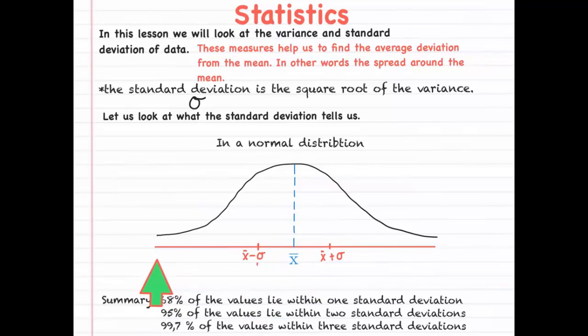So from this point here, we calculate from there to there as well as to there. So in this entire section, we will find 68% of our values, and I'll write it here, 68%. So if we had 100 numbers in our data set, we will find 68 numbers in this range here, okay?